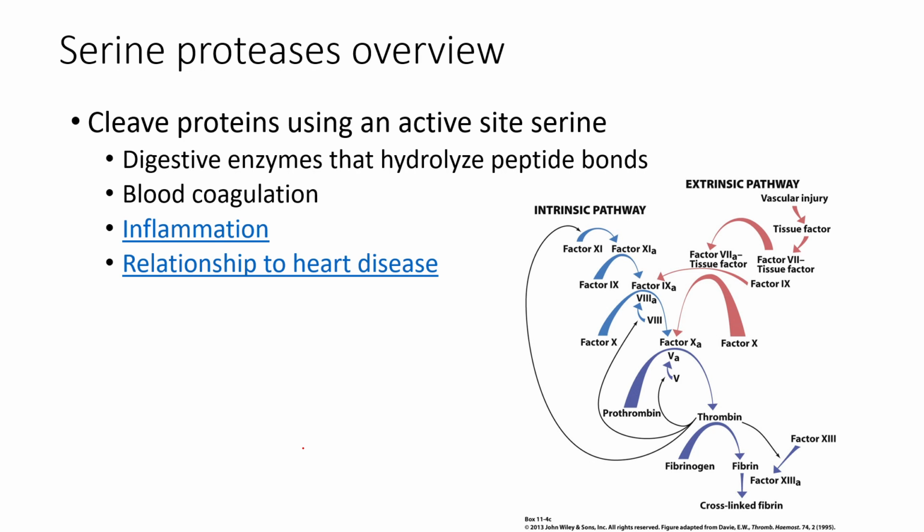Some of these enzymes are digestive enzymes that help to hydrolyze the peptide bonds of proteins. Some are involved in coagulation of blood, where you also have the cleavage of proteins to help activate them. There are a lot of serine proteases also involved in inflammation and the inflammatory response. And there is also a relation of serine proteases to heart disease. We won't get too much into these, but there is more information about them if you're interested here.